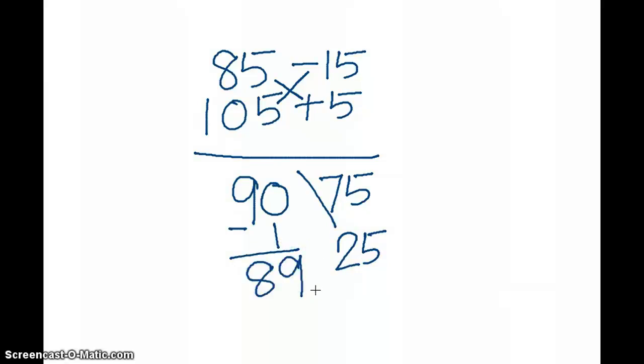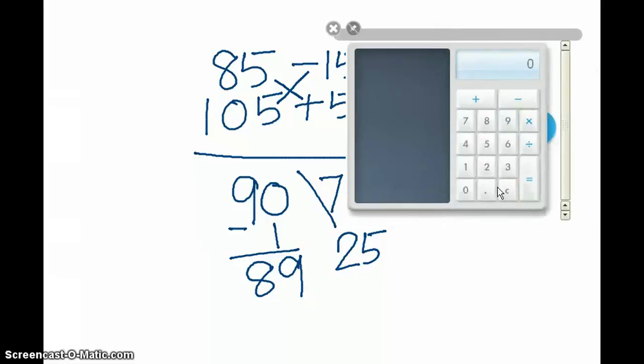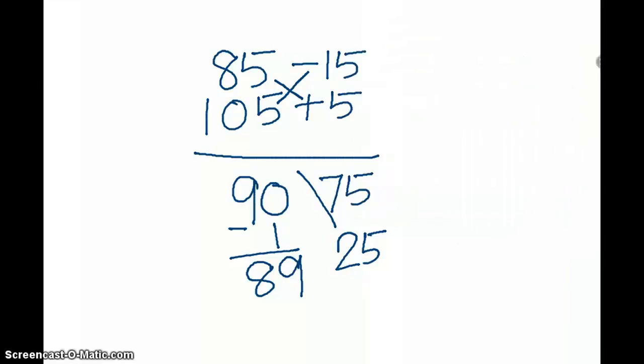So the answer is 8925. Let's check this out. 85 into 105 gives me 8925. That's all, that is the technique here.